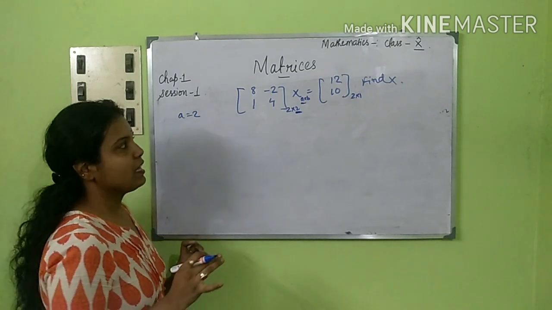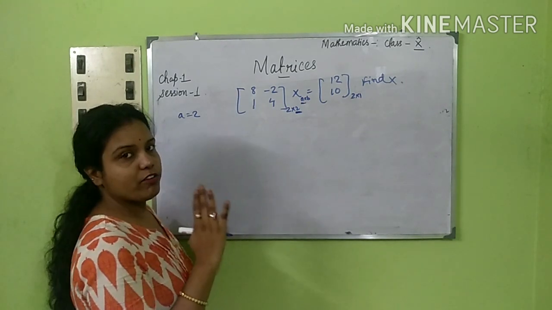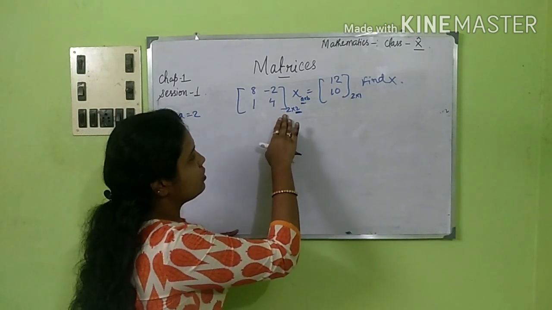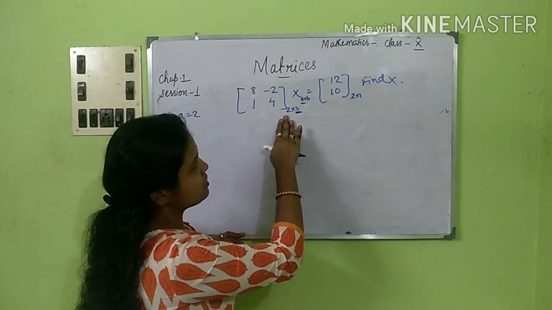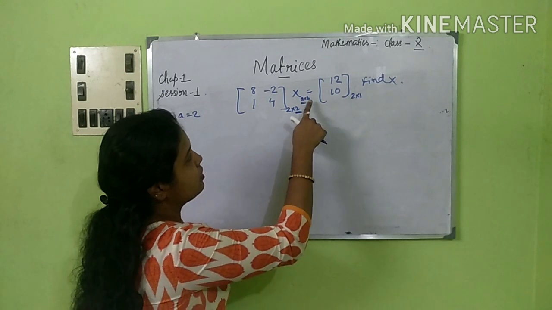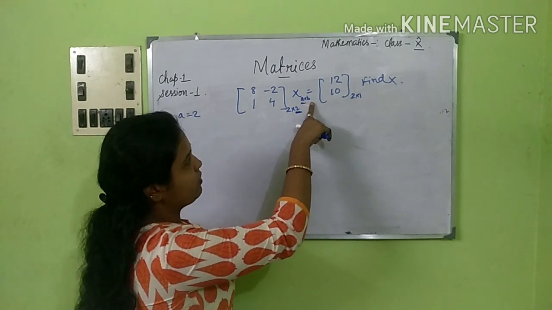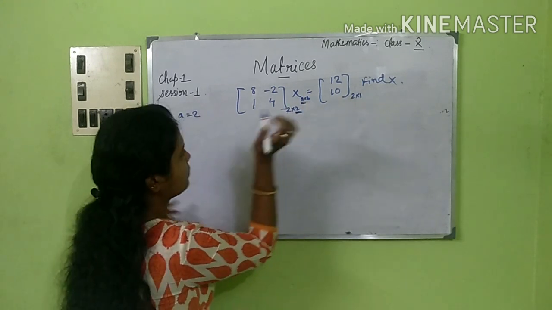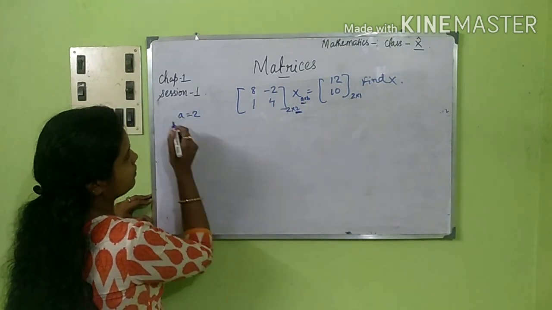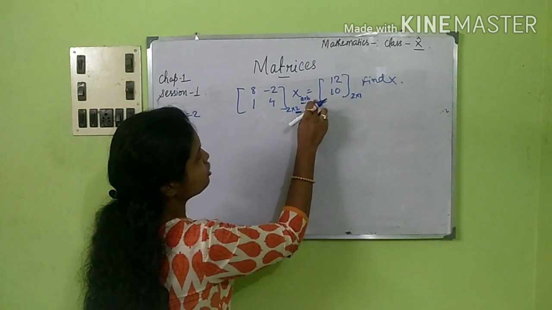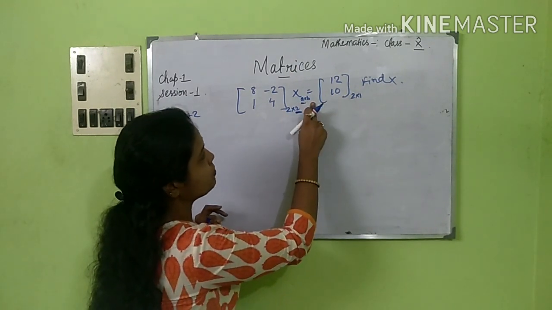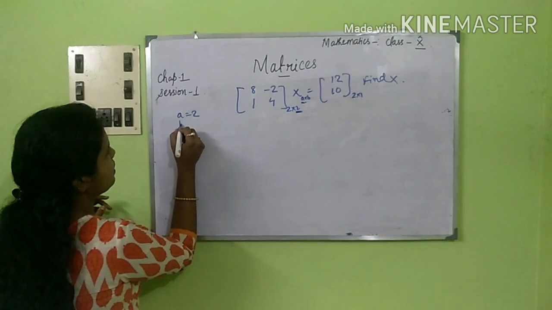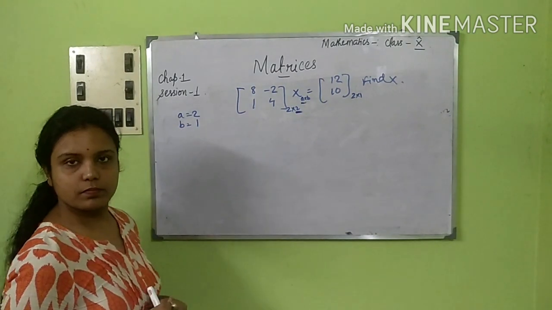Now remains that we know the resultant matrix order will be the row of the first matrix cross column of the second matrix. That means 2 into B, not 2 equal to B, 2 into B. So that means B will be equal to 1.